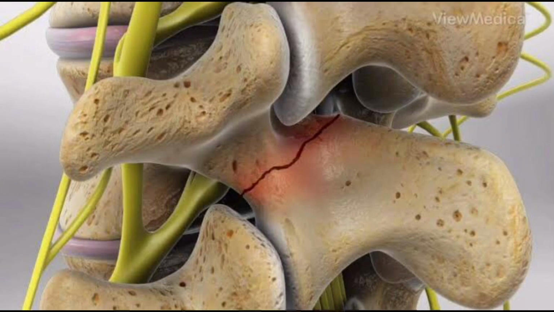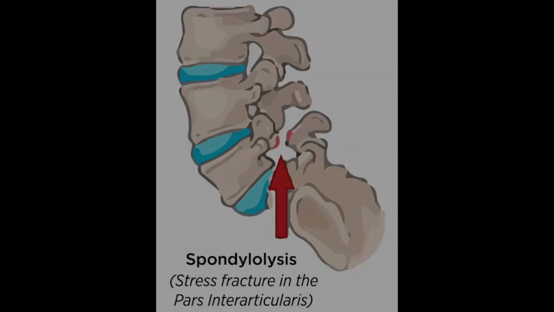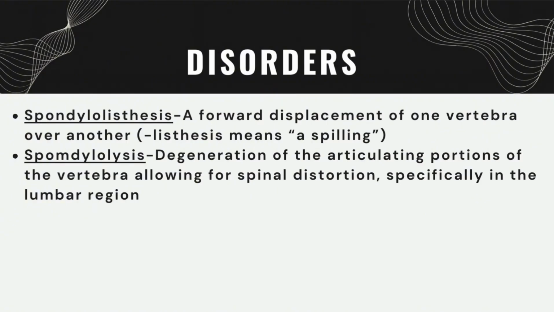This condition is often considered a precursor to spondylolisthesis, where one vertebra slips forward over another. Other causes of spondylolysis are genetics, trauma, or congenital.